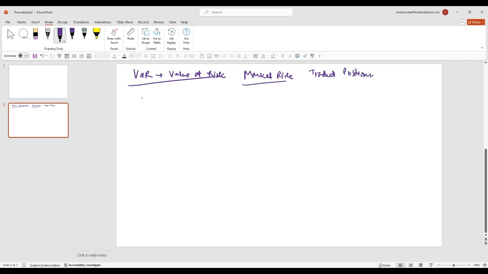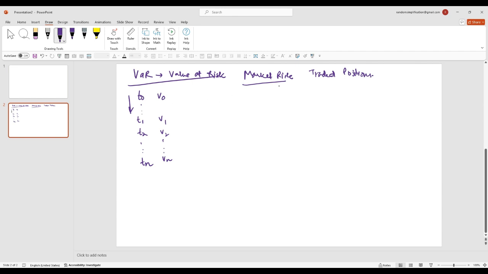Let's say you own a portfolio at time t0 with an investment value of V naught. With time, the value of the portfolio will change. Let's build a scenario where it changes to V1, V2, and Vn across time.